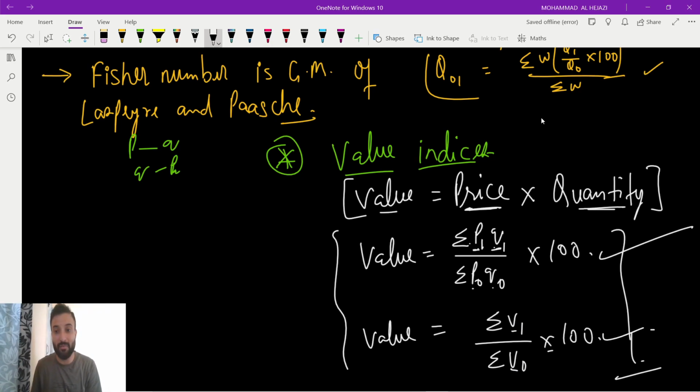Sometimes they will give P0 Q0 and V0 V1 together. Don't get confused with these two tables; they give the extra columns to confuse you.